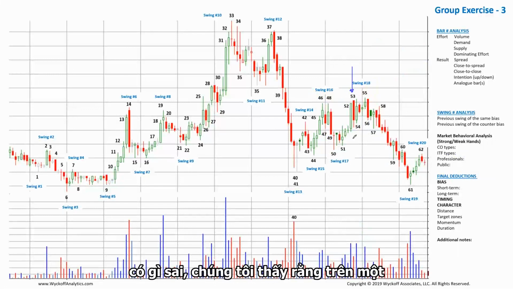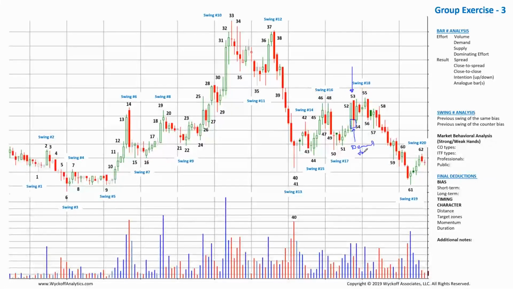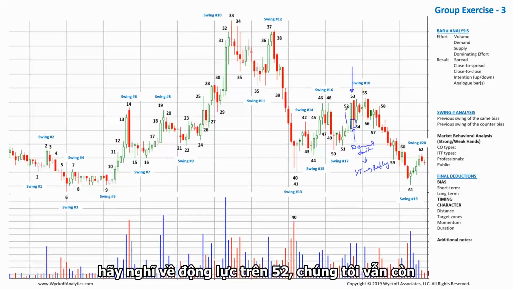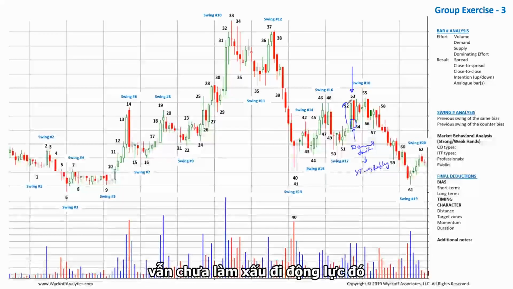What is wrong? Well, we see that on a short-term basis, we have a tail that is a demand tail. So this demand tail suggests that short-term, we're going to have some kind of attempt to rally at this point. Plus, think about the momentum on 52. We still have not deteriorated that momentum yet.